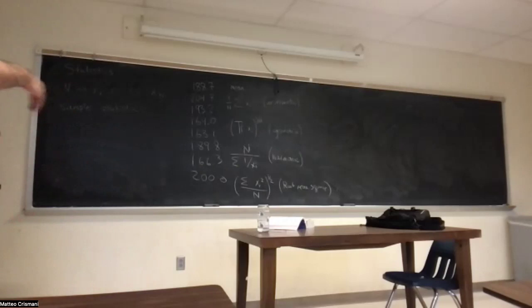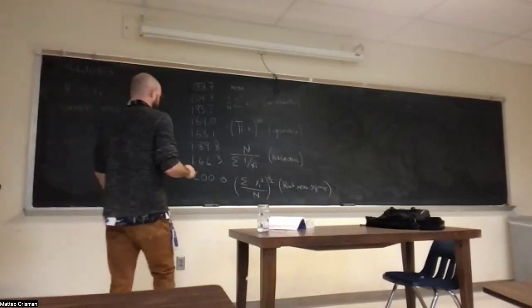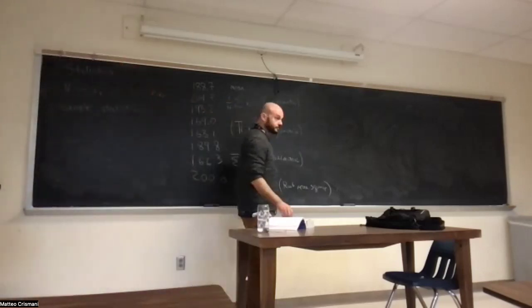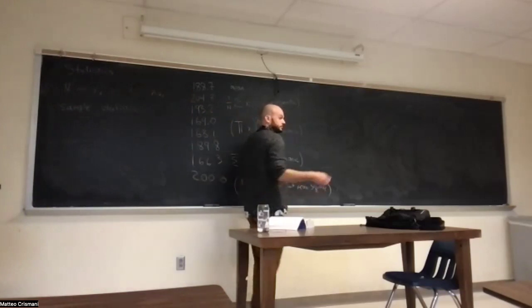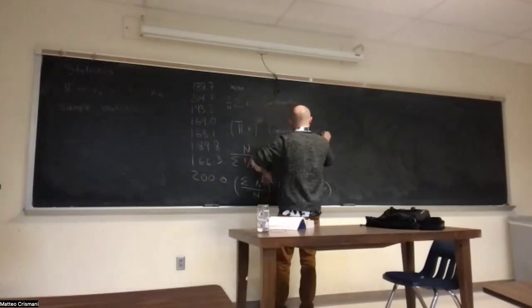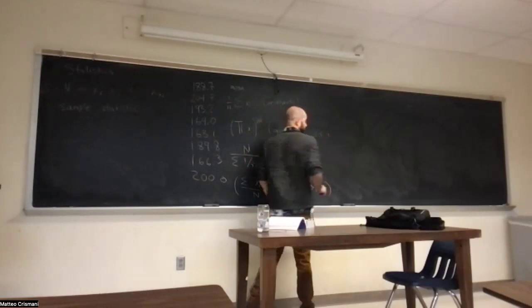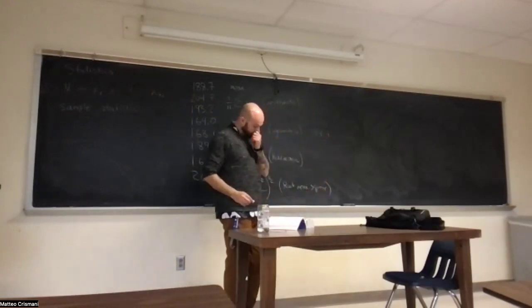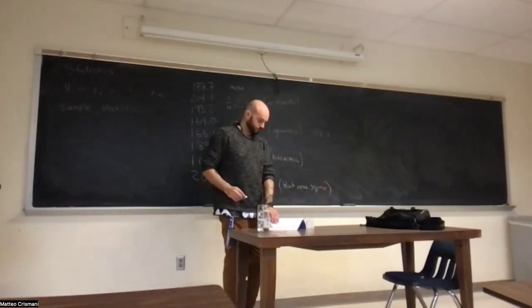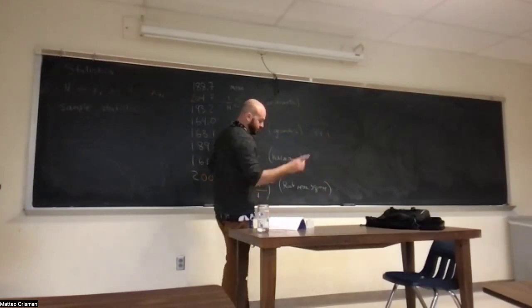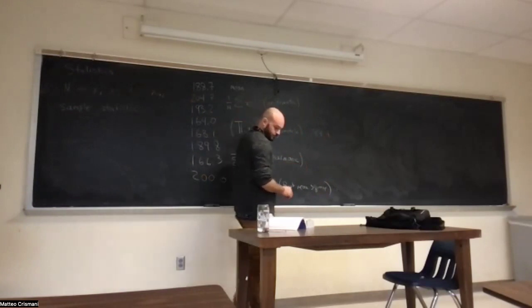For the geometric, you got 184.426. You got 185.5.2. Which one did you get? Root mean squared.